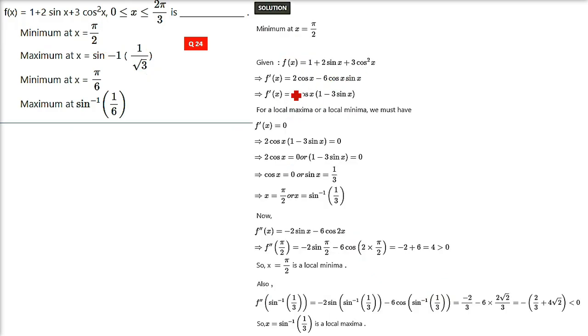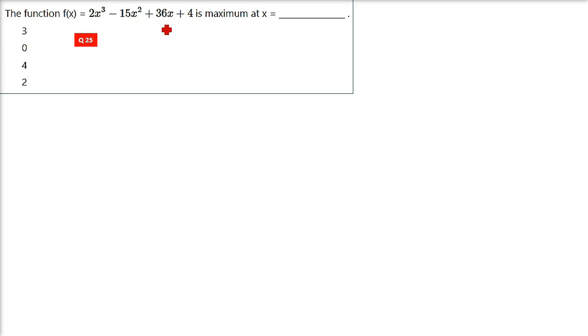So this is in front of you, all the discussion which we did. Function f(x) equals this one is maximum at x equals to what? We are differentiating it right now, f dash x. When you differentiate it, what are you going to get? 6x square minus 30x plus 36, and this one has to be differentiated and equated to 0.